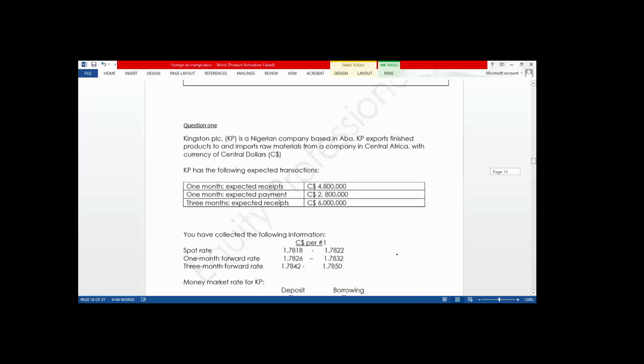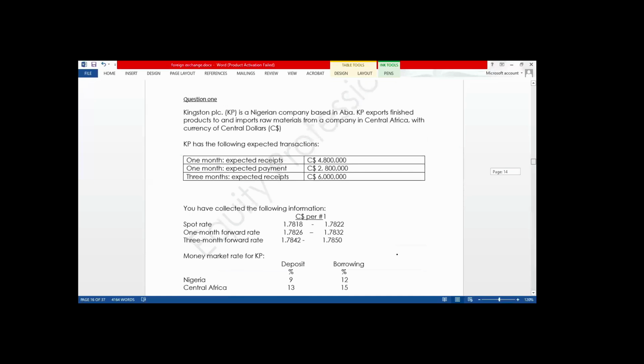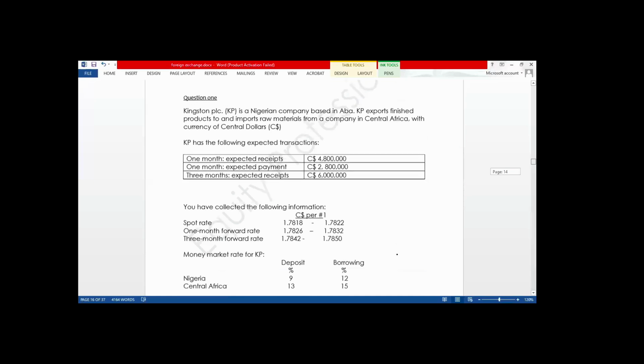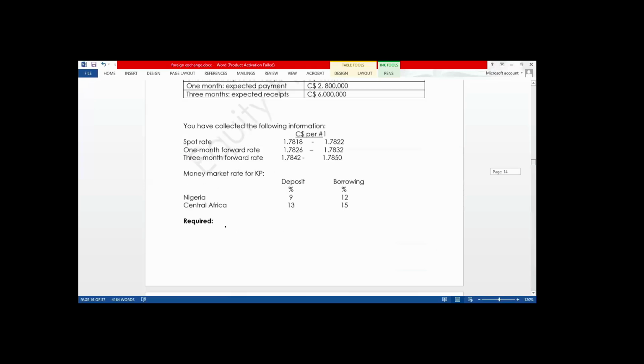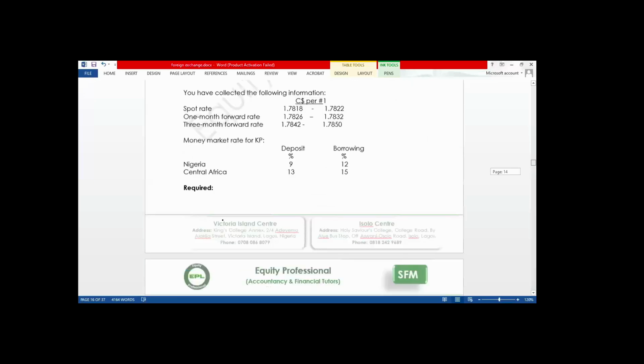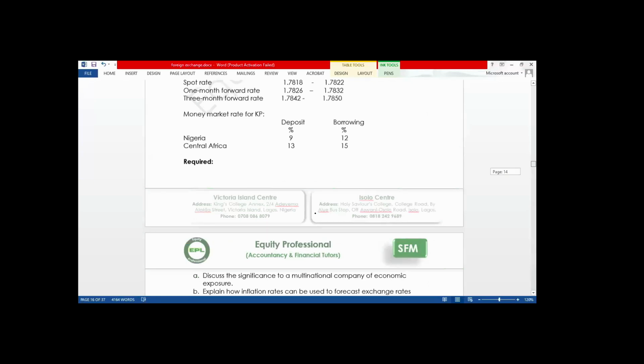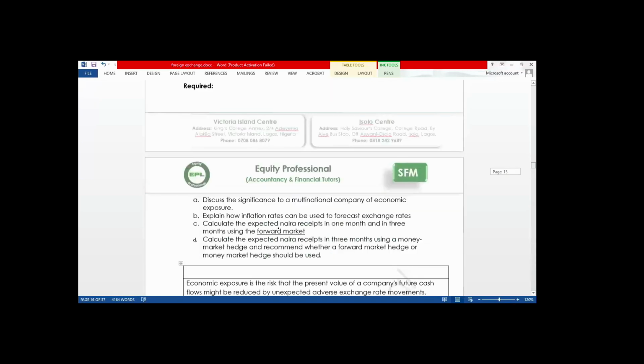We are given the exchange information. We have identified the type of quote. This is an indirect quote. We now want to hedge. The first strategy we are using is the forward market. We have two transactions.